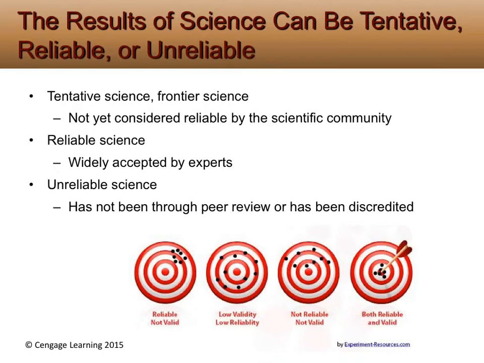We've got that constantly going on with things like cancer research and heart disease research, which is a really good thing. Reliable research is widely accepted by experts, whereas unreliable science really hasn't been through peer review, or has been discredited. So we can throw that out and start over again.